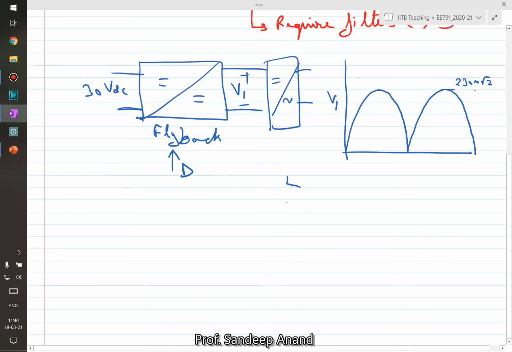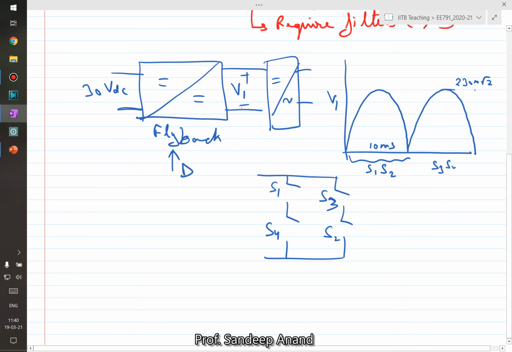For example, let's say I have the same full bridge. I can keep S1 and S2 on for 10 milliseconds, and I can keep S3 and S4 on for the next 10 milliseconds. So if the input voltage is V1, what will be the output voltage V2?